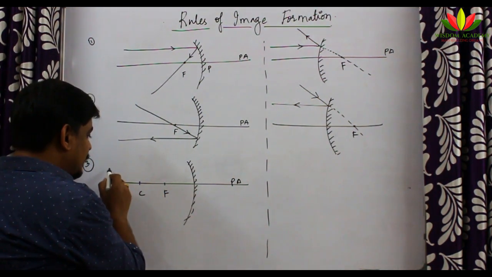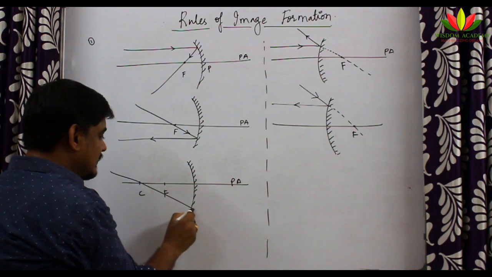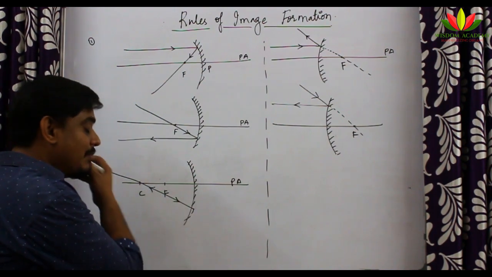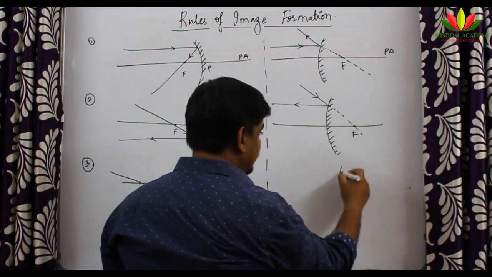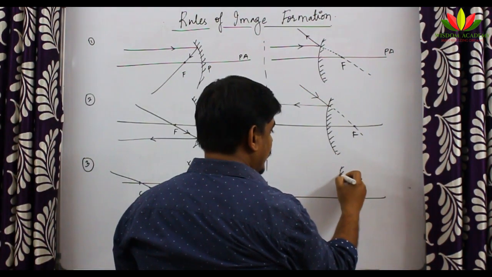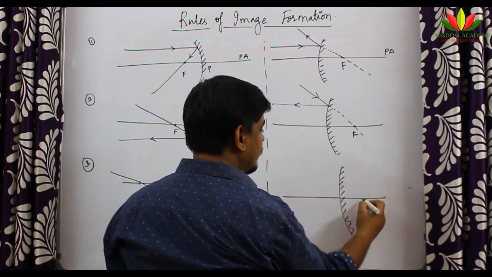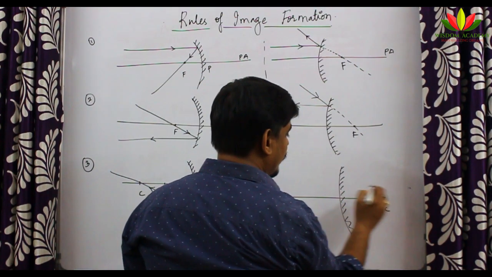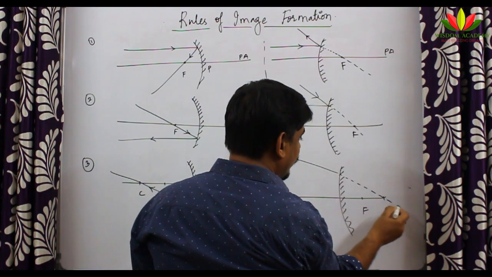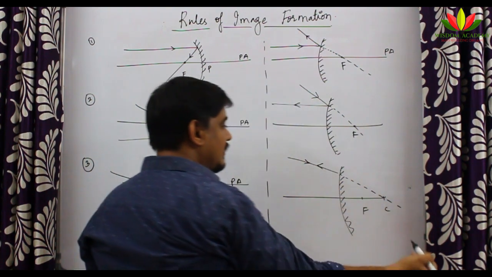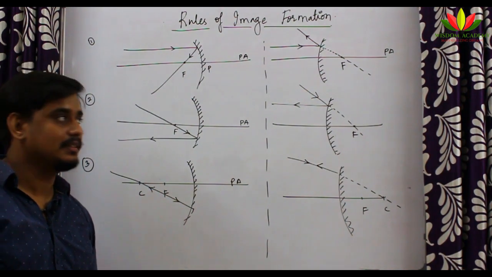Any ray passing through the center of curvature like this will go back on the same path it came. Same way, if this is the convex mirror, and this is the focus and this is the center of curvature, any ray which was supposed to pass through the center of curvature will reflect back on the same path, right?